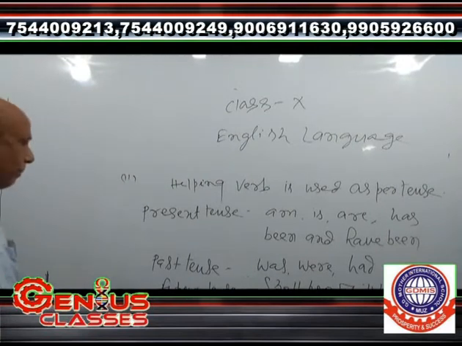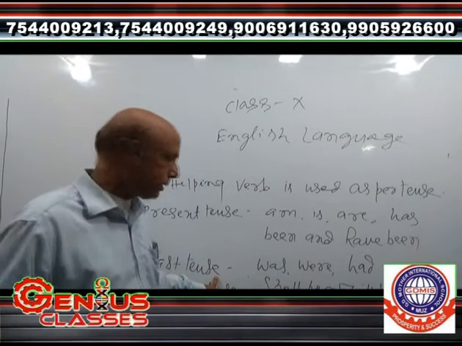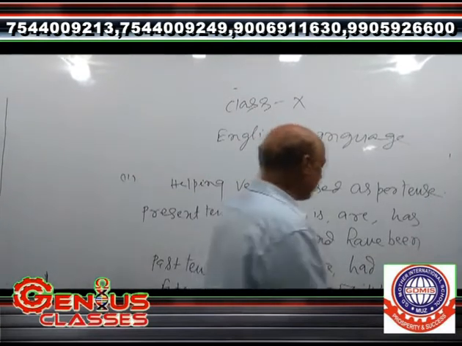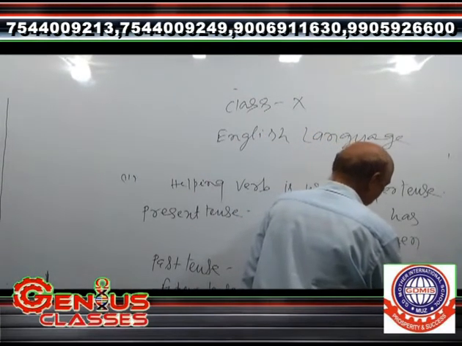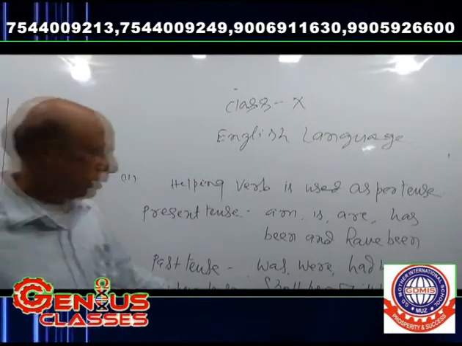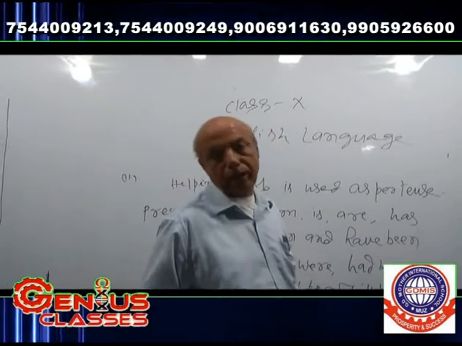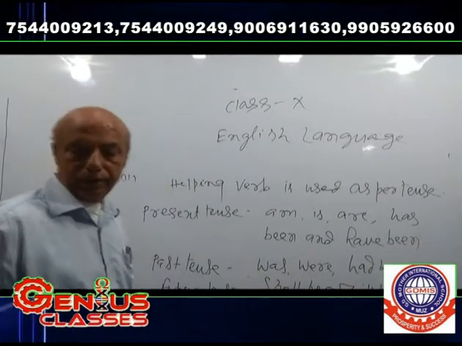When we come to the past tense, in changing from active into passive, was, were, and had been are used. When we come to the future, shall be and will be are used.